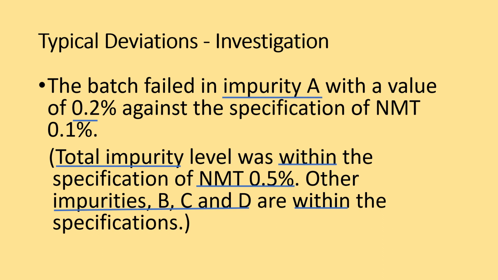If it is a different source, you have to check what is the route of synthesis, that is ROS, of that supplier. What is the impurities trend of supply of that particular vendor material? Focus more on the trends of impurity A. This route of investigation will provide a very useful data.